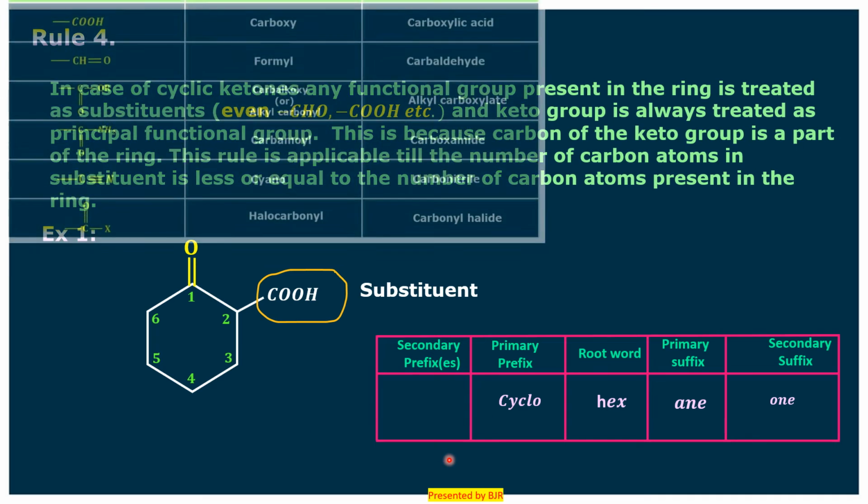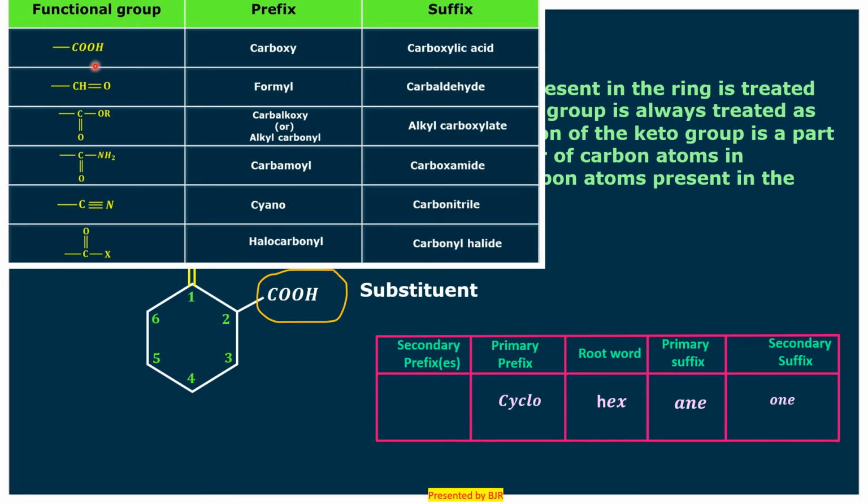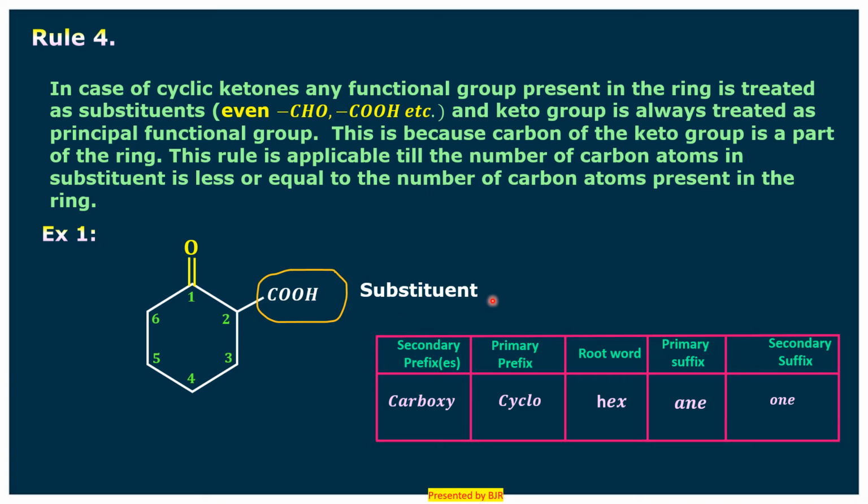Secondary prefix: the COOH functional group is considered as the substituent, so the prefix name is carboxy, and this substituent is attached to the second carbon atom in the ring. So 2-carboxycyclohexanone.